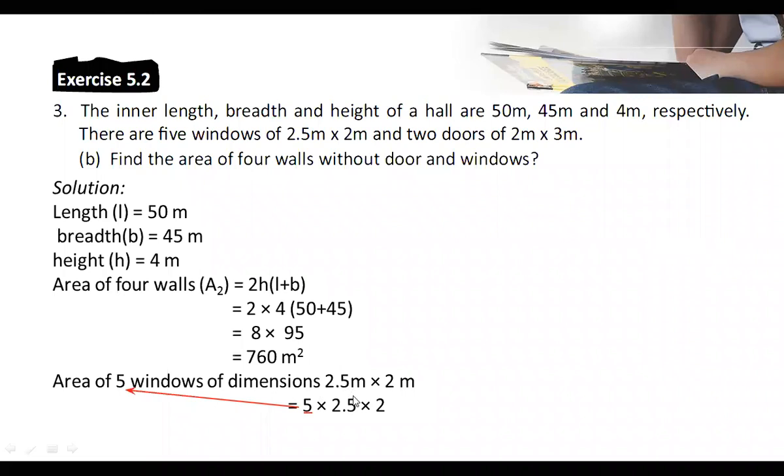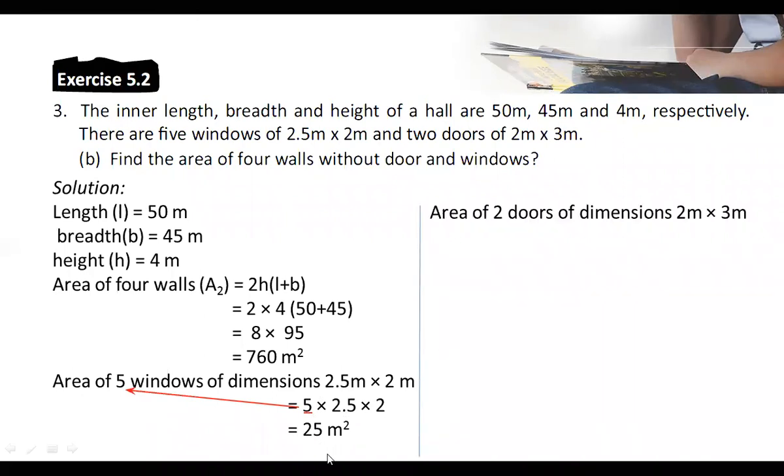If length and breadth are given, area of the window is L into B, 2.5 into 2. If it is multiplied by 5, we will get the area of 5 windows. So multiply these all, 5 into 2.5 into 2, it gives us 25 meter square.